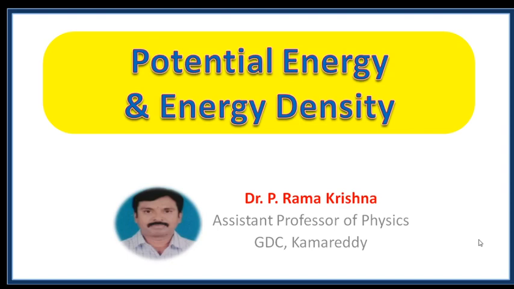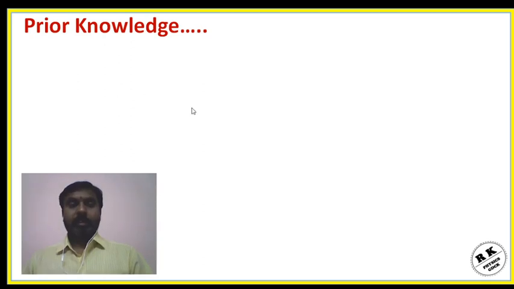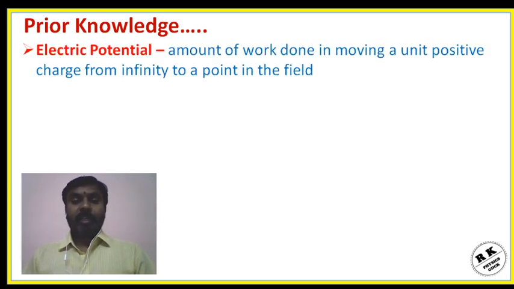Let us have a quick recap of what we have learnt in the previous slides. That is potential, electric potential. Electric potential can be defined as work done in bringing unit positive charge from infinity to a point in the electric field.